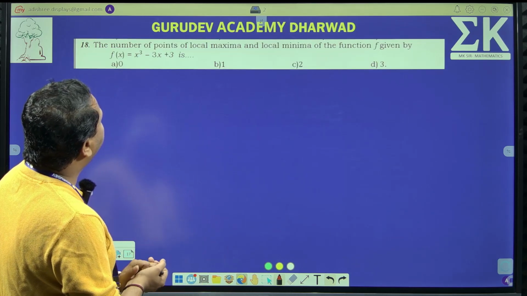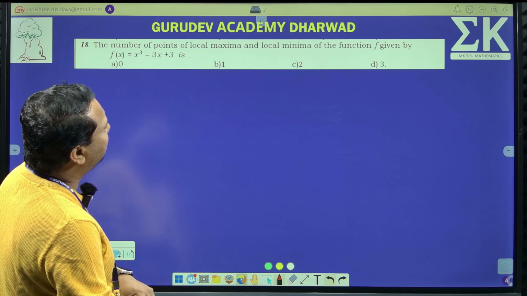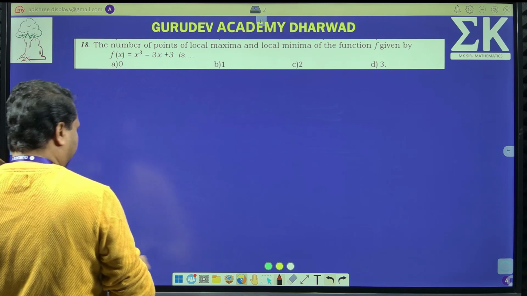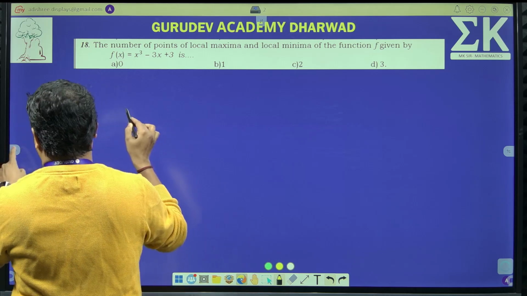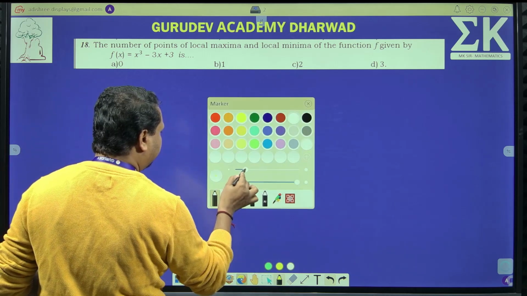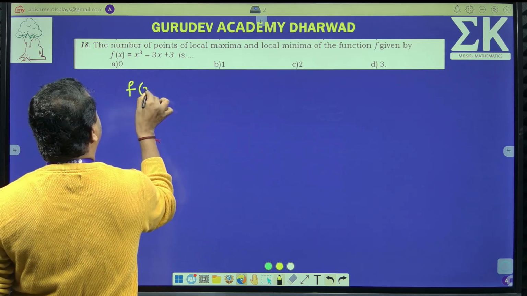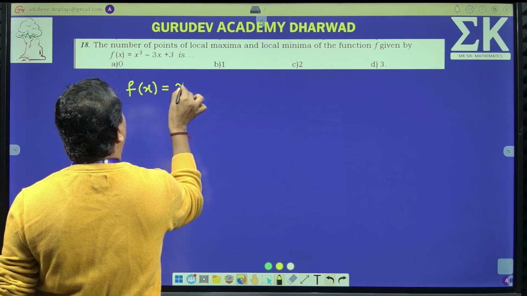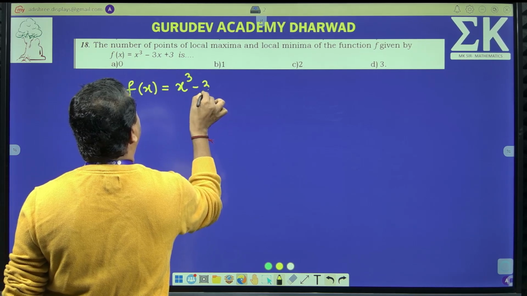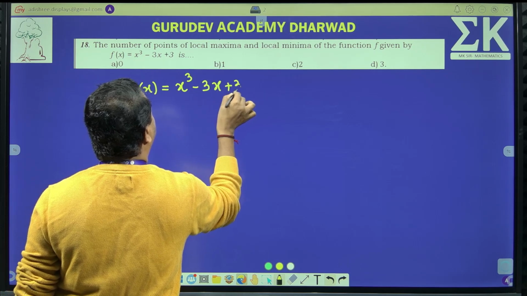The number of points of local maxima and local minima of the function is given by. Okay, so we have the function f of x is equal to x cube minus 3x plus 3.